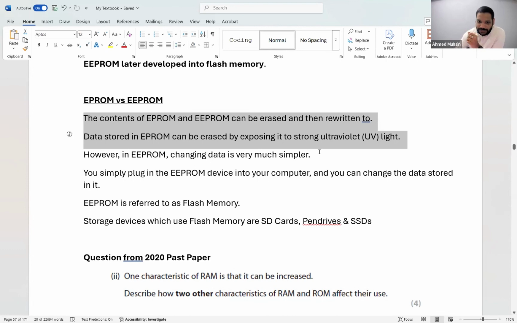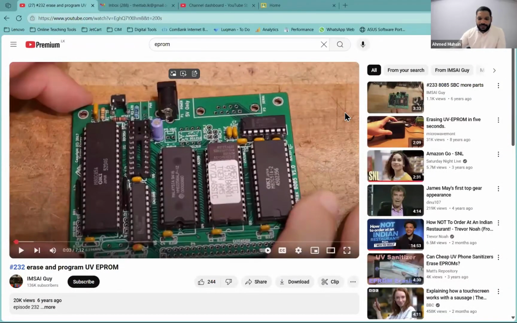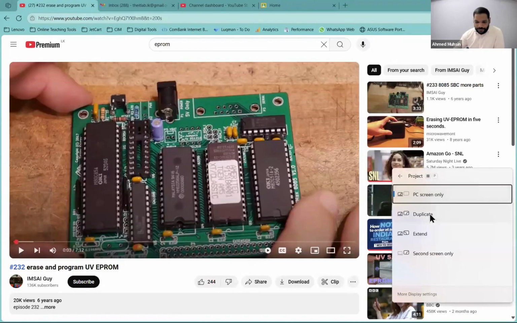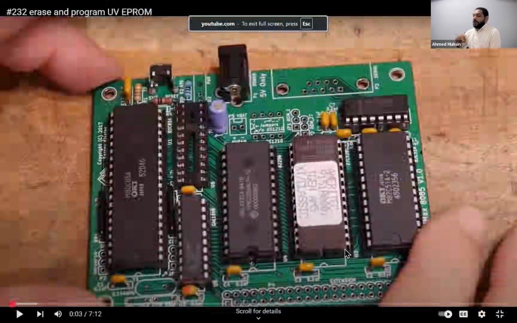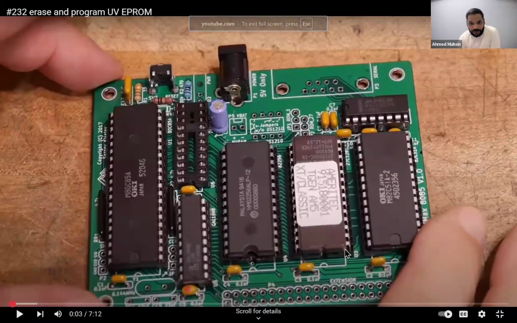Watch this video. Give me a second to load it. Everybody, check this out. I'm going to show you an EPROM chip, and I'm going to show you how you modify data in an EPROM chip.